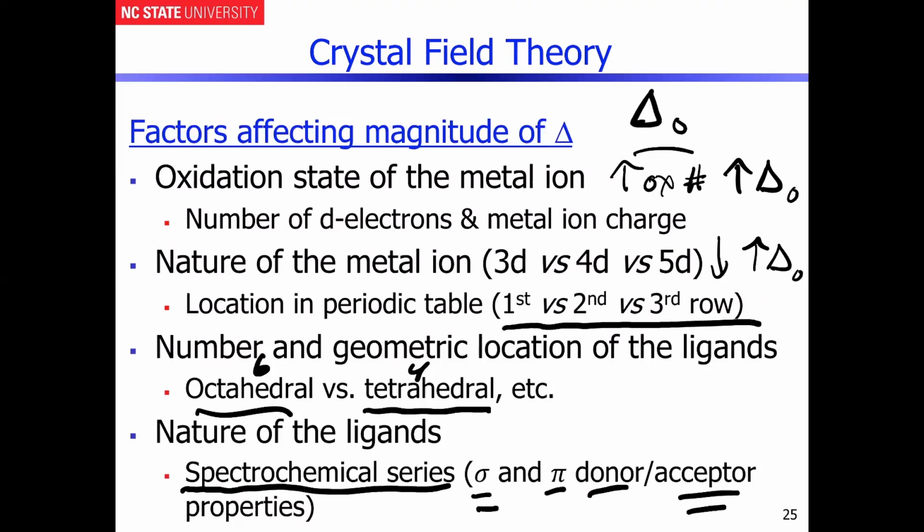And that dictates which d orbitals the ligands prefer to interact with, and in what ways those interactions can take place to help modify the magnitude of the crystal field or ligand field splitting.